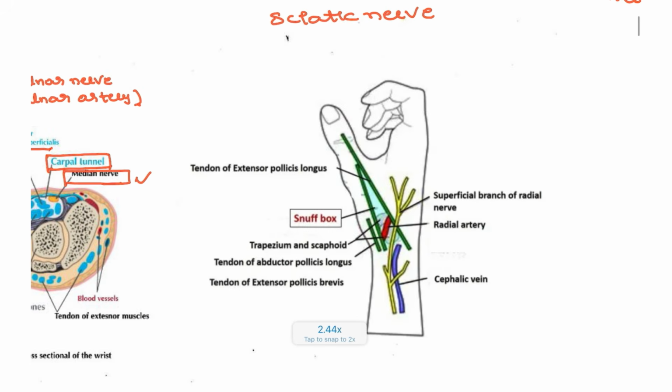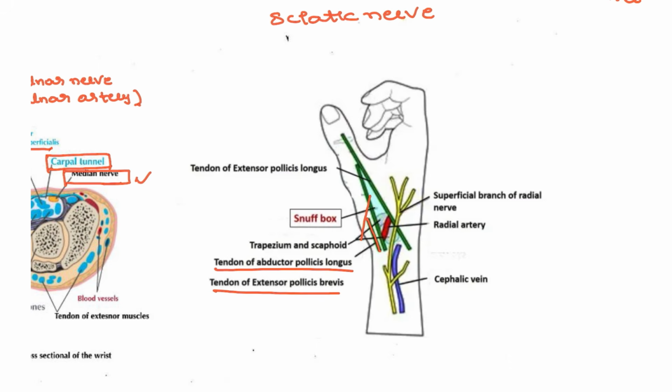Next, moving on to another, most important structure, the anatomical snuffbox. In the anatomical snuffbox we have the boundaries. One is the tendon of abductor pollicis longus, and next we also have the tendon of extensor pollicis brevis.